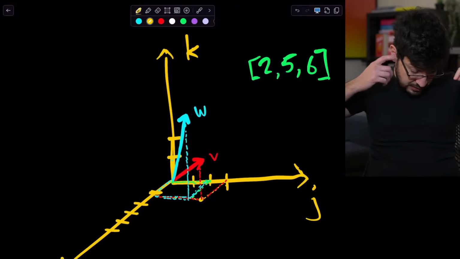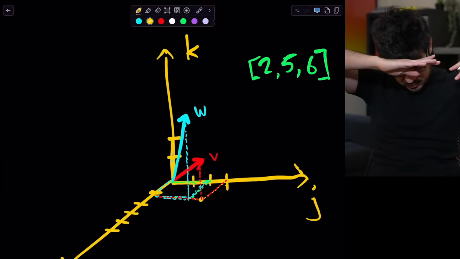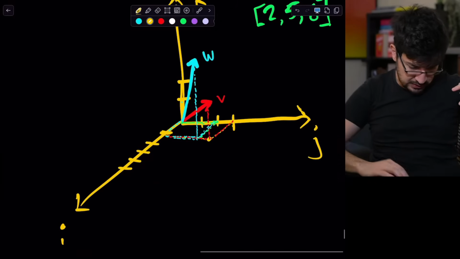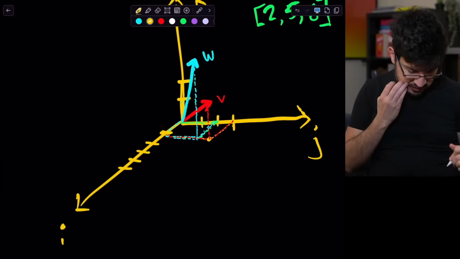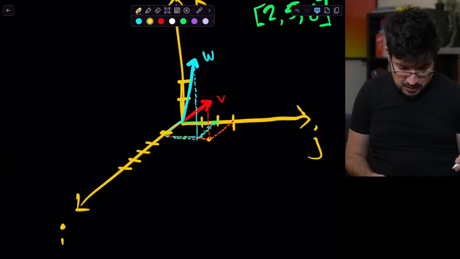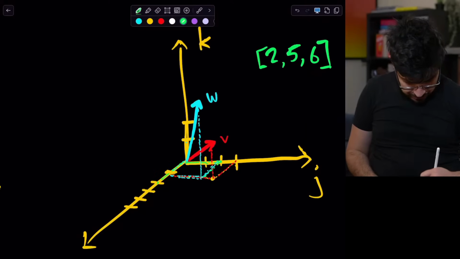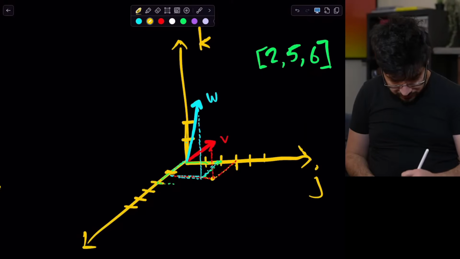If they're drawn parallel to the J line, they're still a little skew, but who cares? We're drawing 2, 5, 6. So 2, 1, 2, 3, 4, 5.